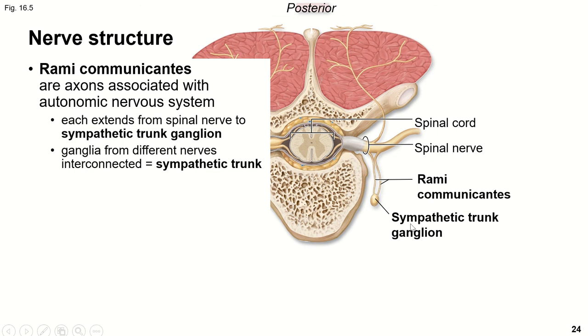So let's talk for a moment about this sympathetic division and its counterpart, the parasympathetic division. So the sympathetic division is your fight or flight division. This is your stress response.